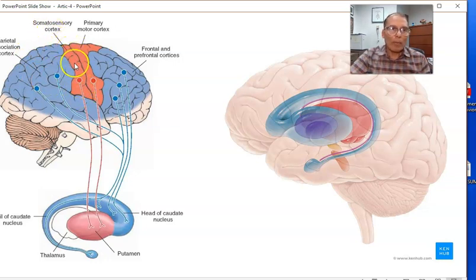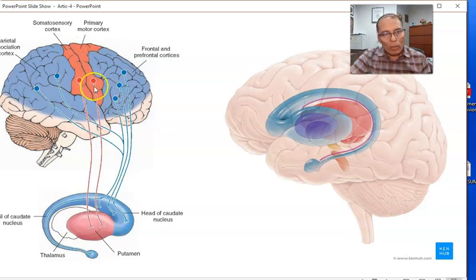This is a map of all your body that gives you sensation from all different parts of your body. This is your motor map, that controls the different segments of your body that you can move voluntarily. So that's the motor cortex in terms of function. That is the sensory cortex. It gives you sensation.